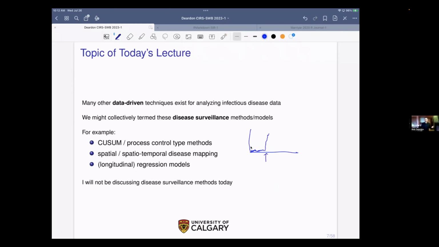Which in terms of disease epidemiology means when does an outbreak occur, or when does the influenza season start, right? Things like that. And then there are things like spatiotemporal disease mapping, which is essentially count regression, accounting for spatial structure or other sorts of regression, longitudinal or otherwise. Right? That's all important stuff, but it's not what I'm talking about today.